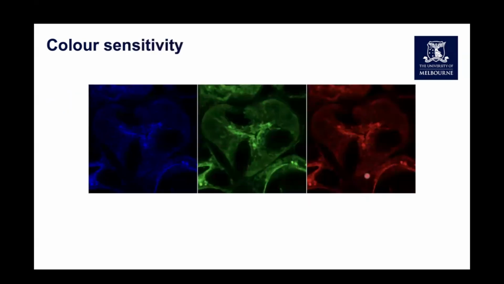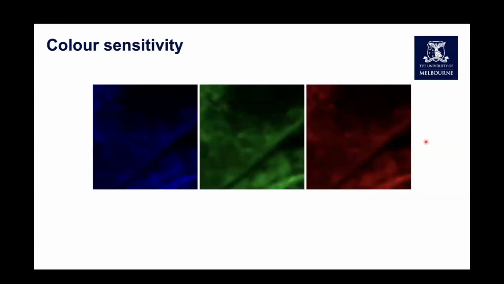Okay, so this is the exact same microscope image presented in the blue lookup table, the green lookup table, and the red lookup table. And if we zoom into one specific part of that, I would argue that most people would be able to see more detail in the green lookup table than they can in the blue and the red.